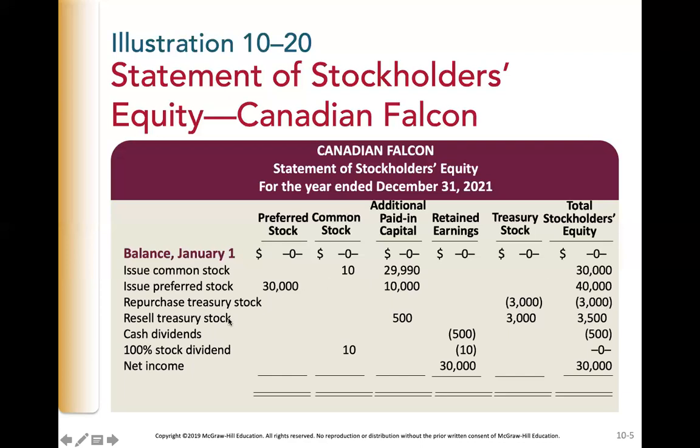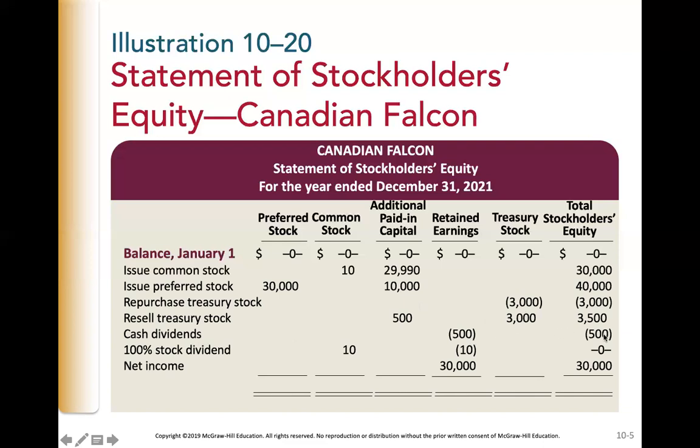Then we resold our treasury stock for more than we paid for it. So we take the treasury stock out at the $3,000 we paid and record an additional $500 to additional paid in capital. We received a total of $3,500. We paid cash dividends of $500, so those go under the retained earnings column because they decrease retained earnings.